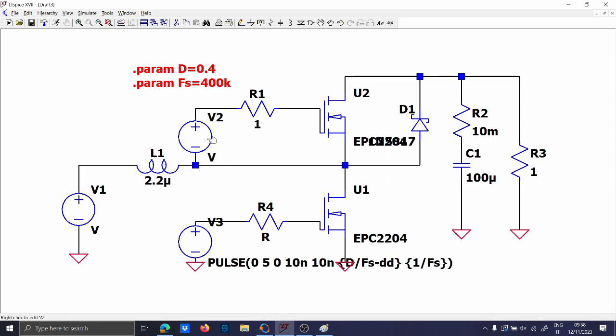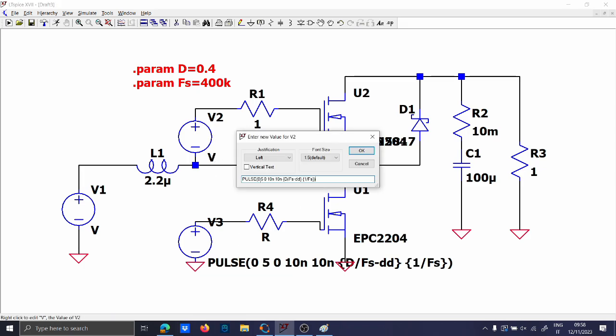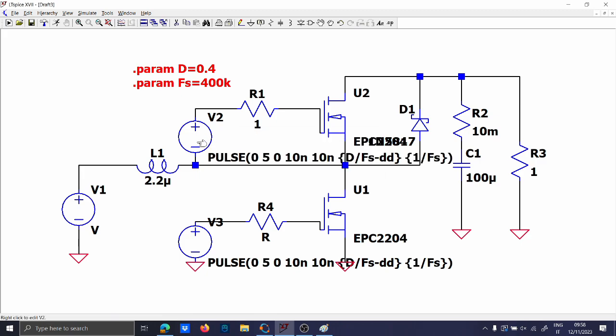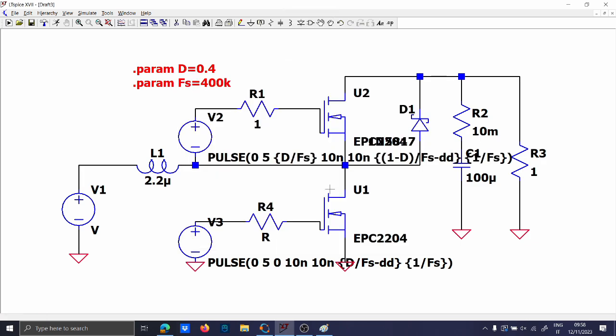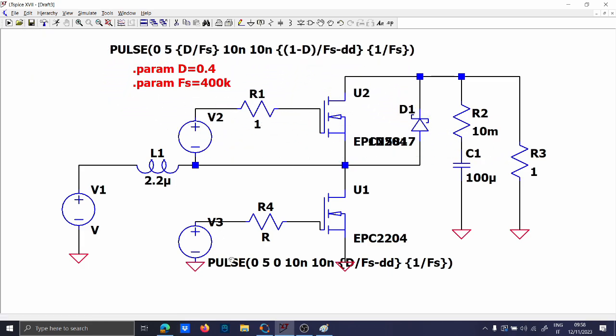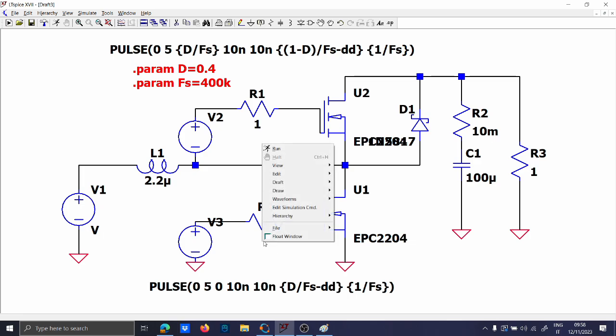Let's copy this, paste it here, and let's translate this to a delay of d over fs, and let's use the complementary switching period 1 minus d. So let me move this already, let me put just 1 ohm.